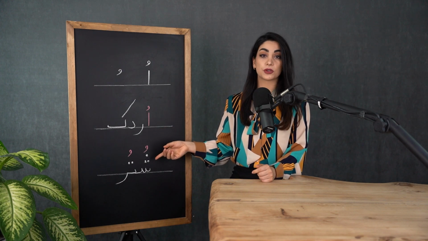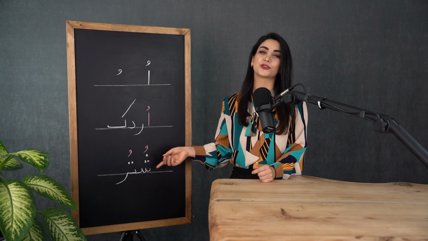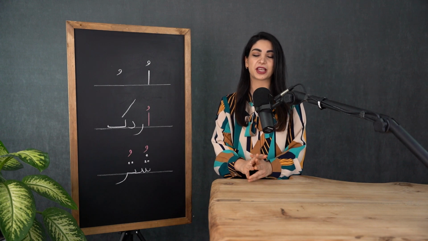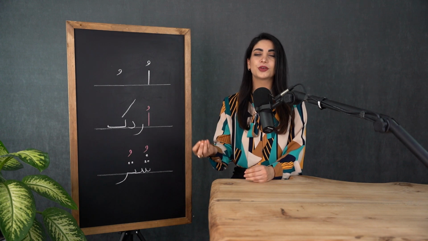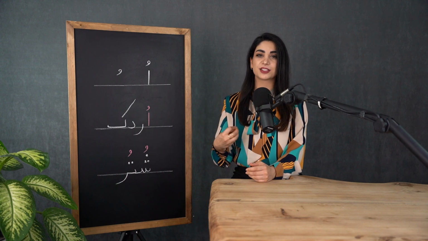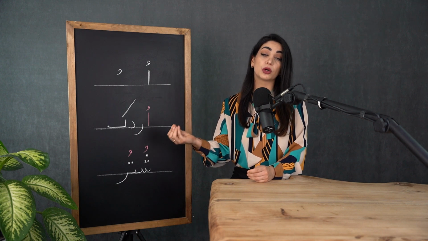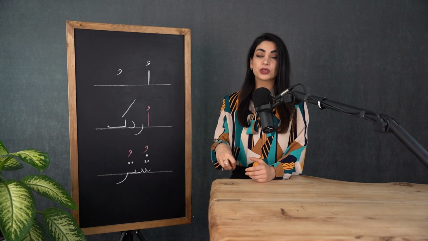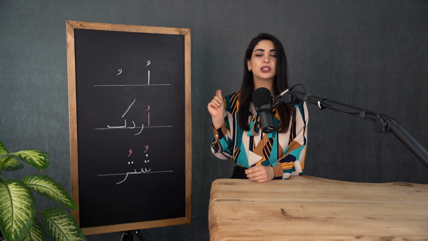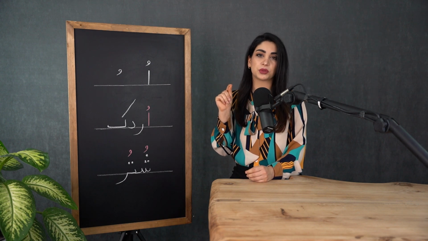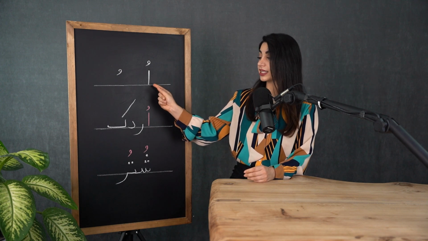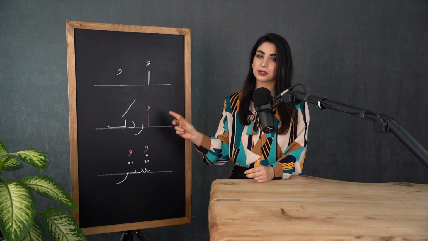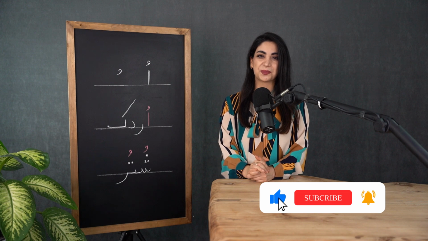Instead of saying camel, we say shotor. And one more thing, try to analyze and understand when you hear a Persian word where this O sound comes. When it's in the beginning, it's this one, and when it's in the middle, it's this one.